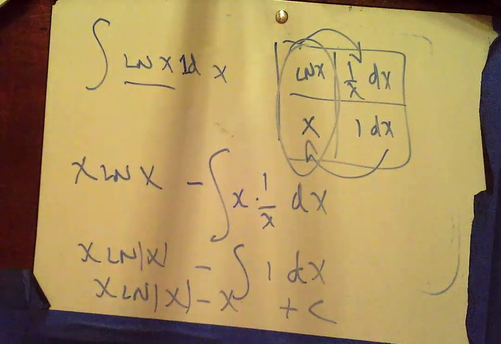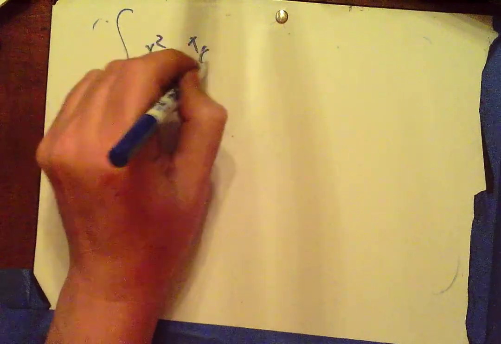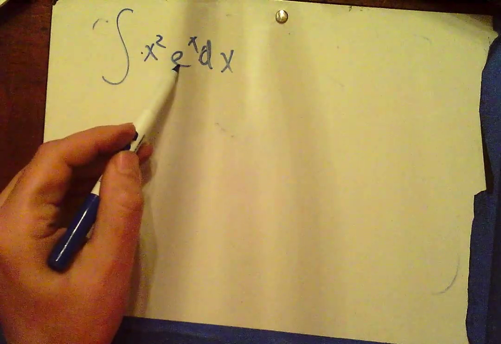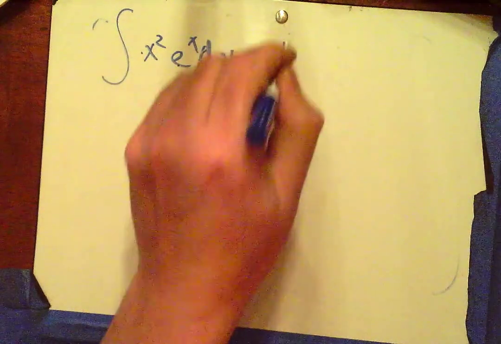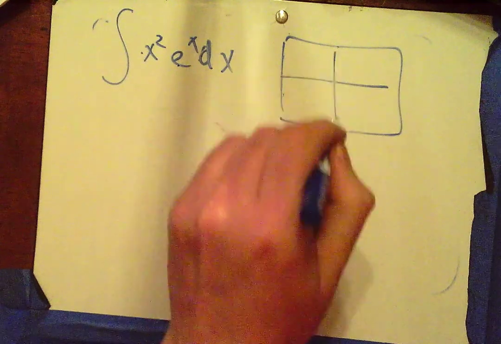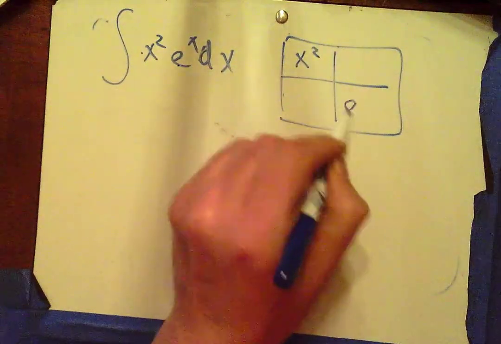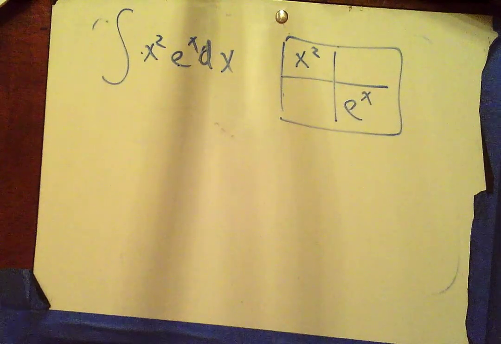So, how about this? The integral of x squared e to the x dx. Okay, I see a function. I see someone else's derivative. In general, almost always, put the polynomial here, and the other function there.